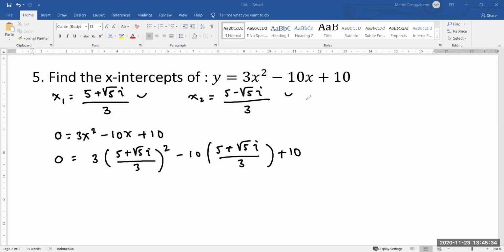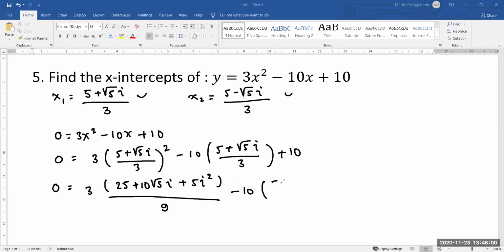Okay, let me show you quickly. If I want to prove this, 3, this one will be 25 plus 10 square root of 5i, okay, plus 5i square over 9, right? And then minus 10, and I will just write it the same.